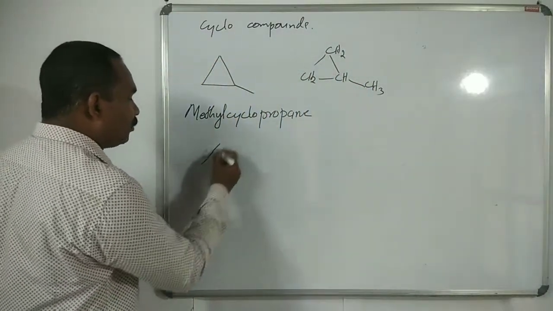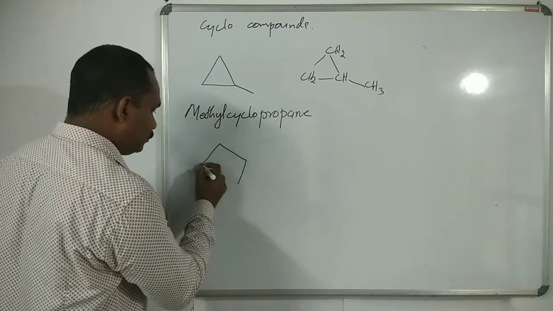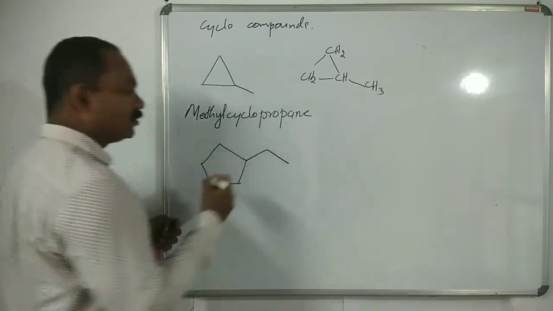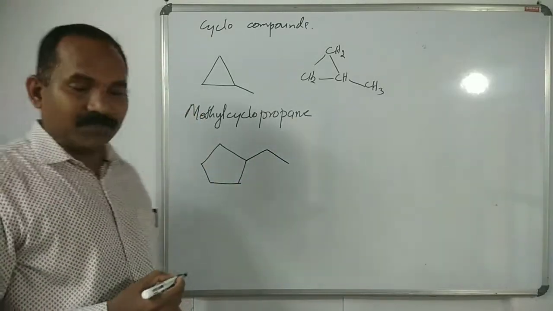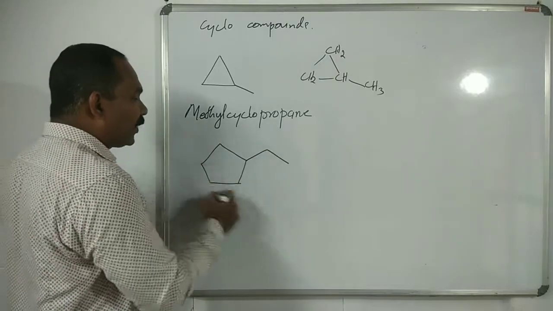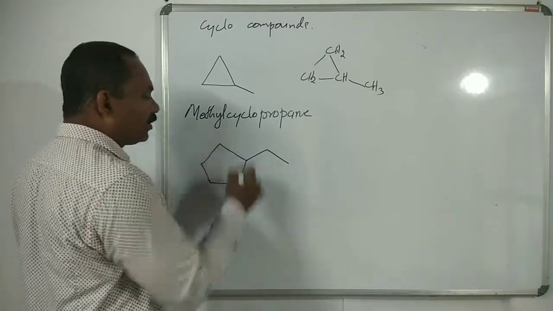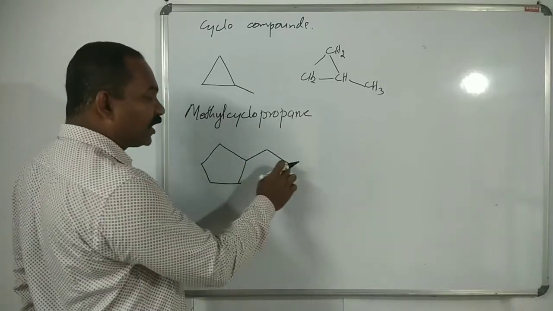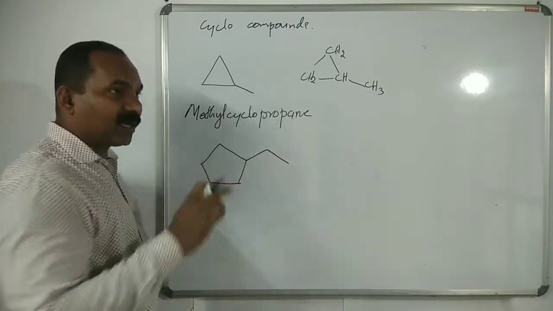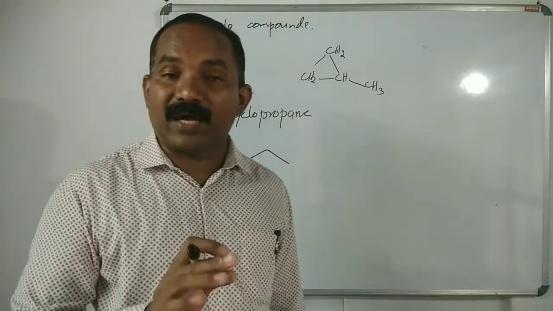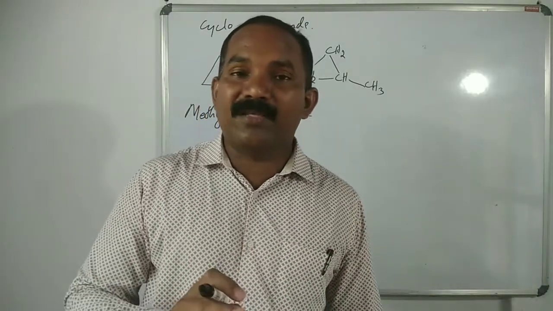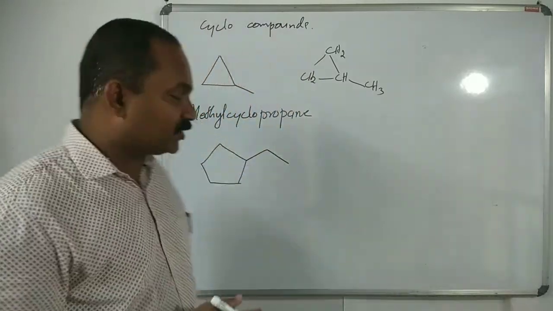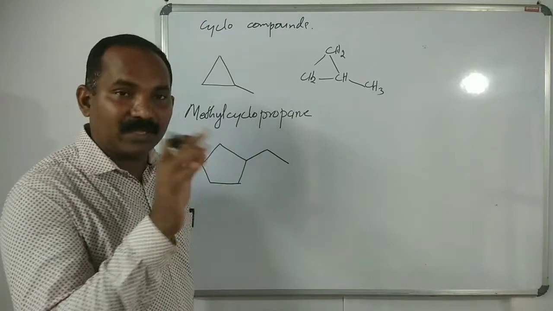Then another compound. This is another compound. Cyclopentane: 1, 2, 3, 4, 5. And CH2, CH3. Terminals are CH3, bends are carbon atoms, and the valency of that carbon is satisfied by hydrogen or other atoms. If other atoms come, we should represent them. Here there are no other atoms, only hydrogen.